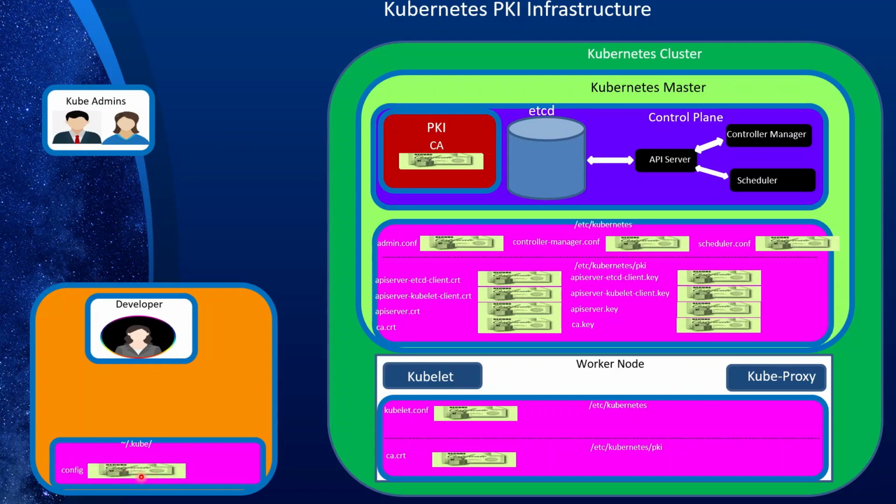We go through the process of how they can create a config file for the client, and then they send it to the developer. The developer then creates a .kube folder in their home directory, and then copies the config file into that folder. And that is how they are authenticated against the API server.